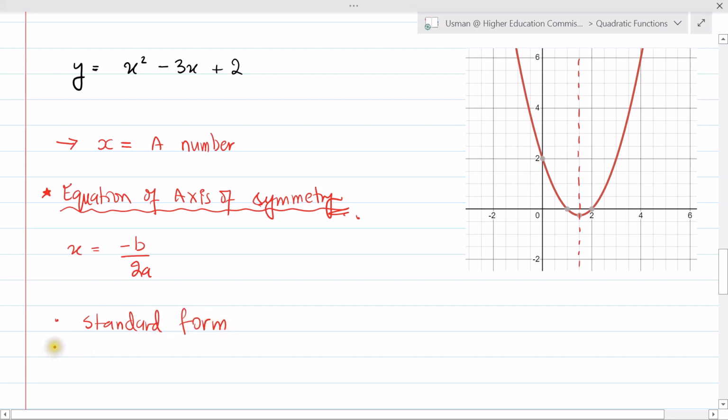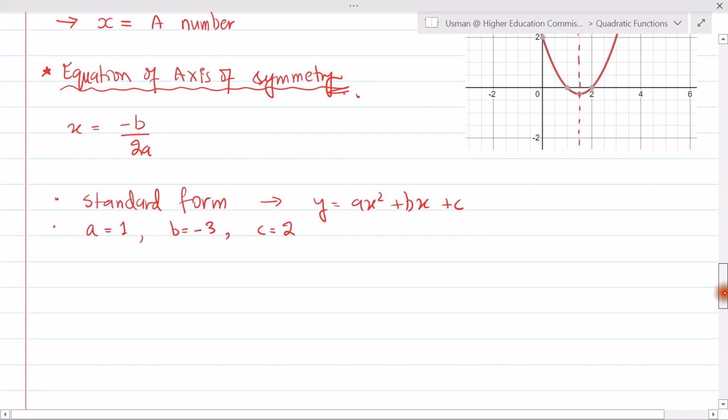After knowing that, you should identify what a, b and c are. The standard form is y equals ax squared plus bx plus c, and comparing it with my equation, a equals 1, b equals minus 3 and c equals 2.